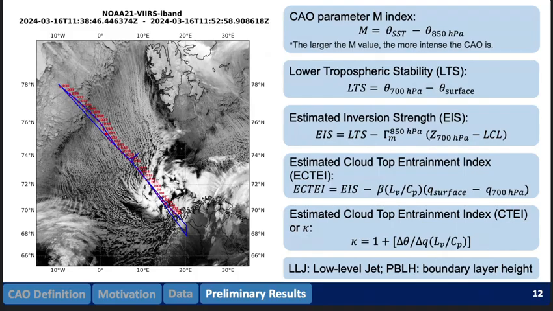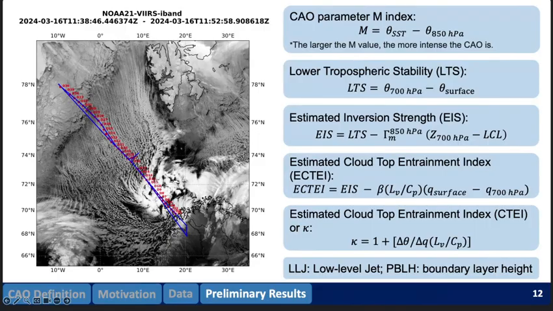We also have the lower tropospheric stability, the LTS, which is the potential temperature difference between 700 hPa and the surface. We have another parameter called the estimated inversion strength, EIS, which is calculated based on the LTS. And we also have two more parameters, called the estimated cloud top entrainment index. These are two indices calculated with different methods from different research groups.